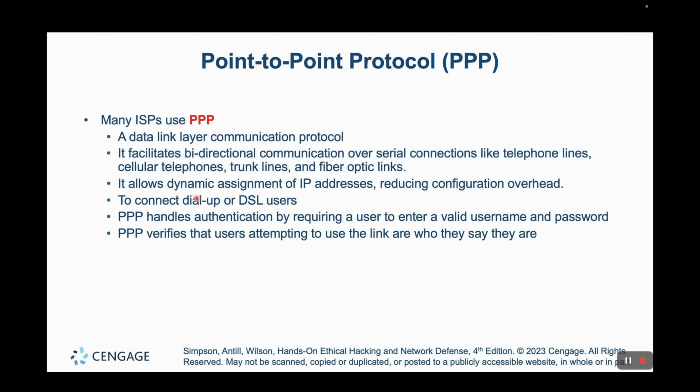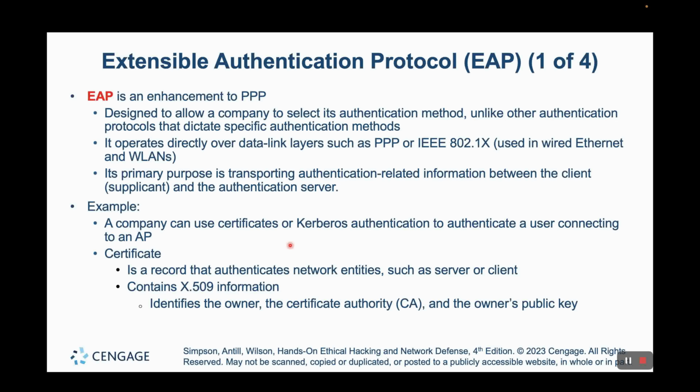The other thing, it allows for dynamic assignment of IP addresses, reducing configuration overhead. It handles authentication by requiring a user to enter just a username and a password, and then it verifies the user authentication, and the user attempting to use the link, who they are, who they say they are.